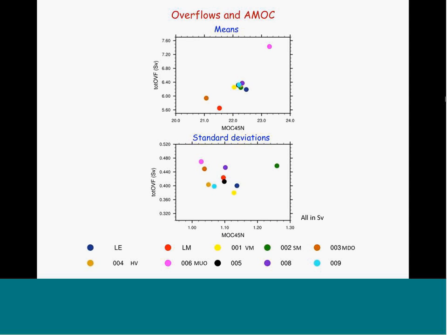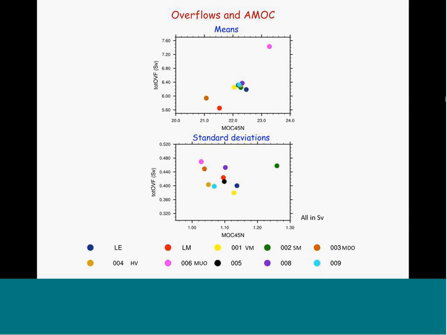And now I want to get back to overflows, because that's a major numerical issue. In the past, people argued that changes in the source water properties of the overflows can impact AMOC variability. In fact, some models show a direct link. We are finding in these experiments, the top panel is a scatter plot of the AMOC index versus the total overflow product water. If you look at it with some pink glasses, perhaps, you can see some kind of relationship.